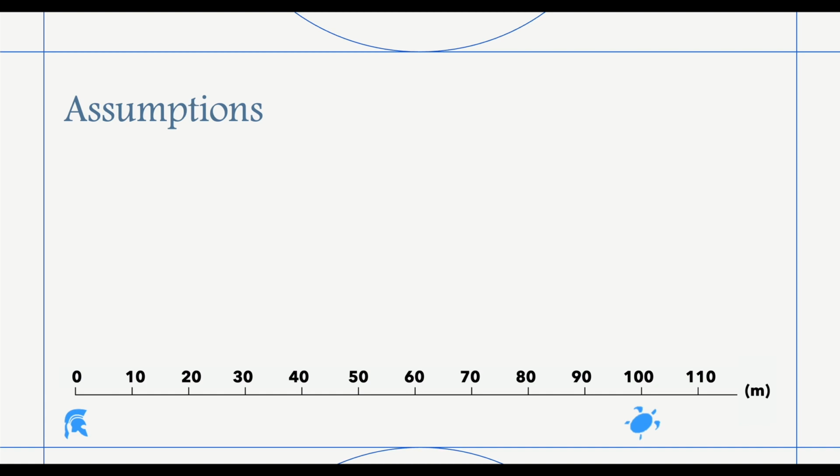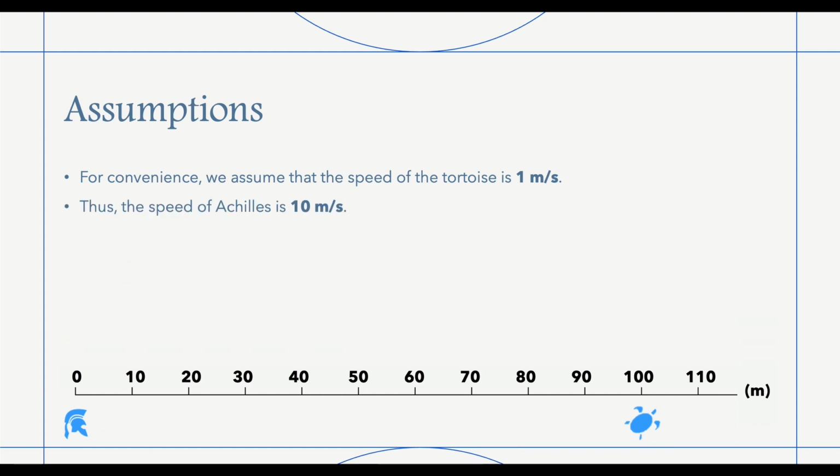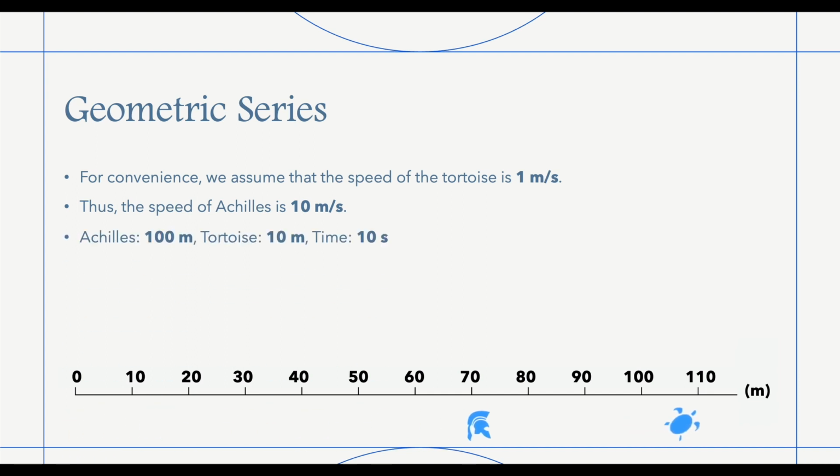Let's make some assumptions first. To make the calculations easier, we can assume that the speed of the tortoise is 1 meter per second, so his speed is 10 meters per second. And here comes the geometric series. The first period that he uses is 10 seconds, because he runs 100 meters while the tortoise goes 10 meters, and that is 100 divided by 10, which is 10 seconds.